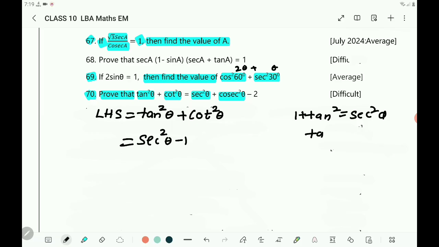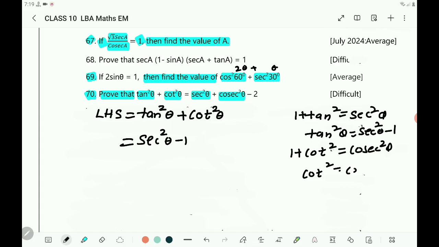Then tan square theta is equal to what? Secant square theta minus 1. Similarly, 1 plus cot square theta is equal to cosec square theta. Therefore, cot square theta is equal to what? Cosec square theta minus 1.